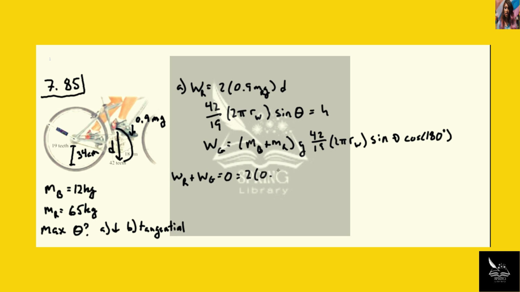So 2 times 0.9 m_r g d minus this expression here, m_b plus m_r times g times 42/19, 2 pi wheel radius, times the sine of the angle of the incline.